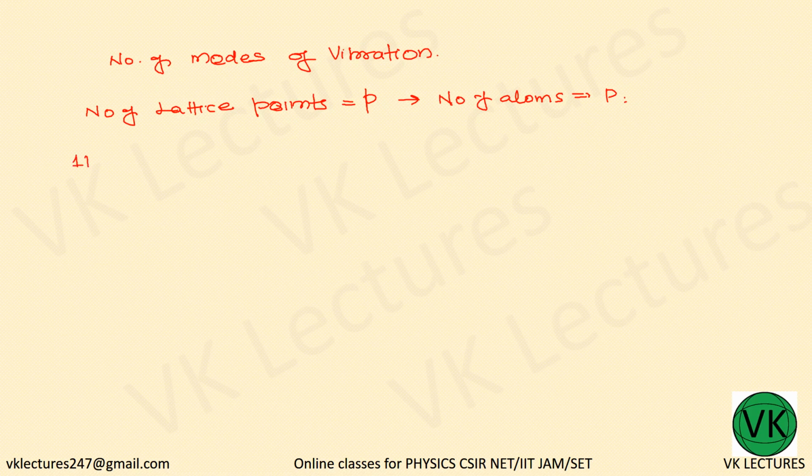For one dimension, degree of freedom equal to P. That means if the number of lattice points or number of atoms is P, degree of freedom will be equal to P.